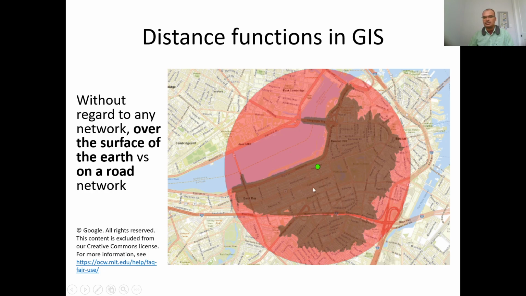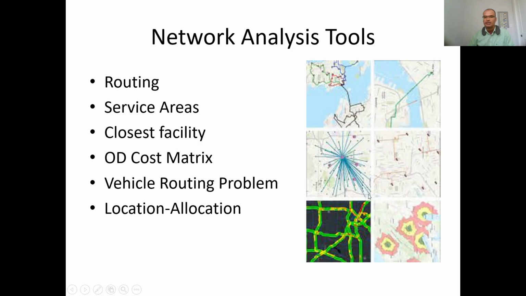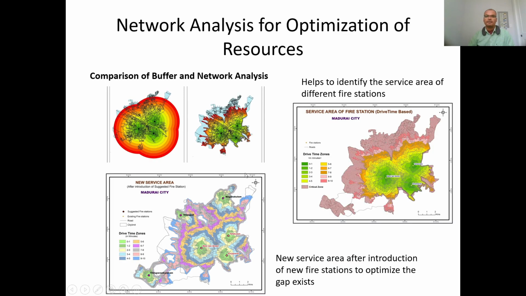Rather, you have to measure distance in terms of network. So with that concept, we can do many network-based analyses such as routing, service area, closest facility, origin-destination cost matrix, vehicle routing problems, location allocation, and so on and so forth. And many real-world applications are based on these network analysis tools.